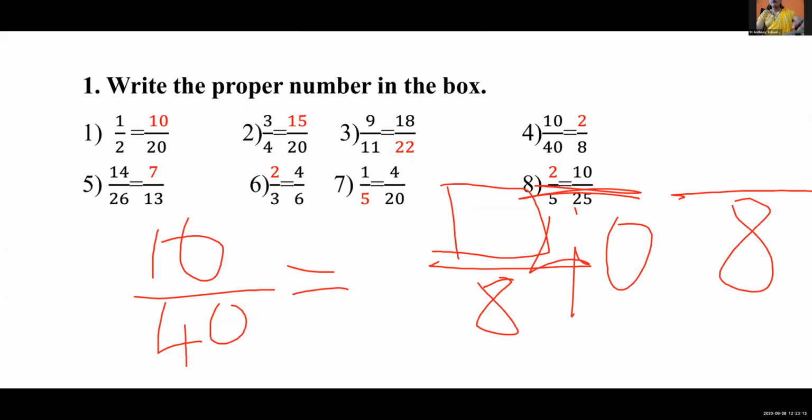So we have to find out the table in which 40 is coming at the 8th place.